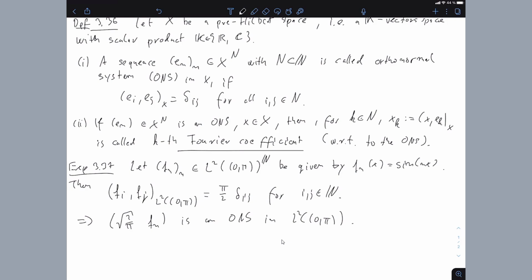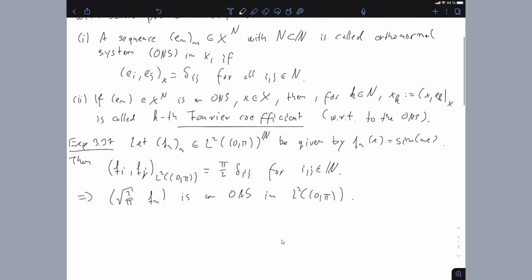And in the following, we want to study what it means for such an orthonormal system to be something like a basis. The first tool on the way to understand this is the so-called best approximation by Fourier coefficients.